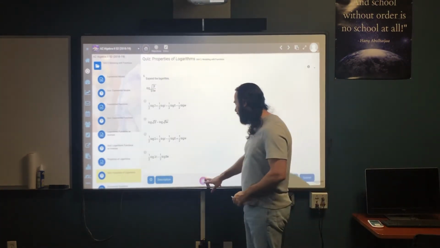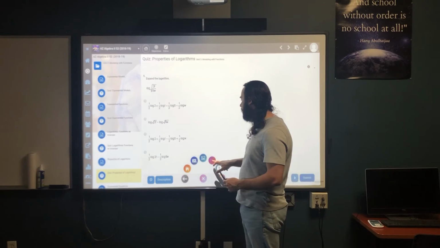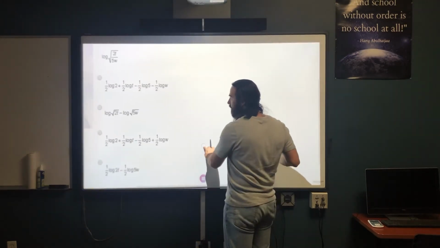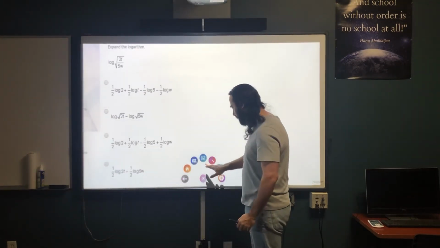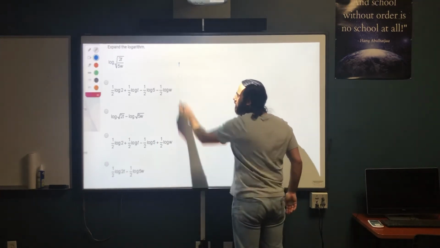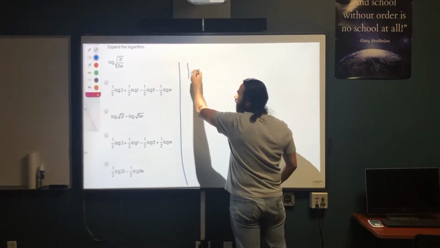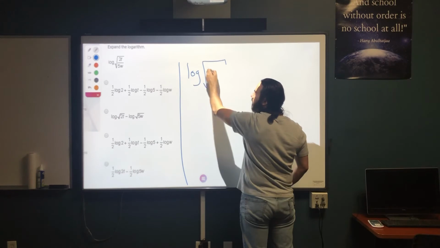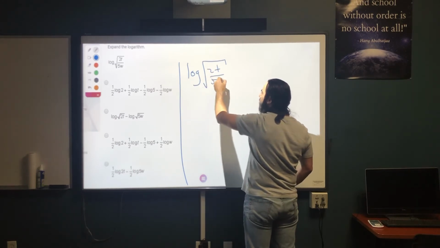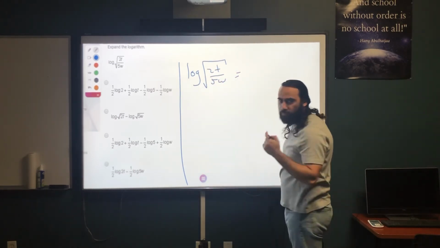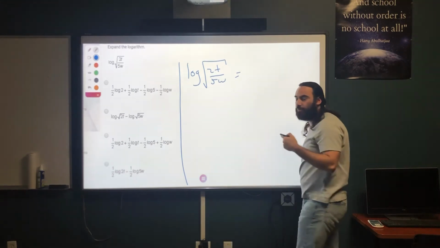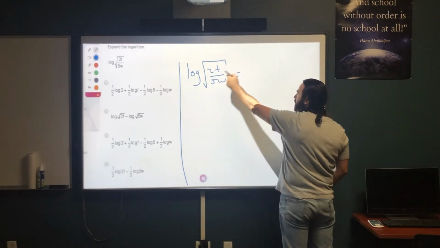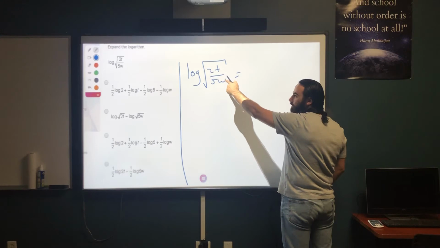Expand, we need to expand. Now we have one with a square root, which we didn't do before. So let's expand it together. In this case, we have log of the square root of 2t divided by 5w. The same as we said, the square root needs to change to an exponent, the power of 1/2.